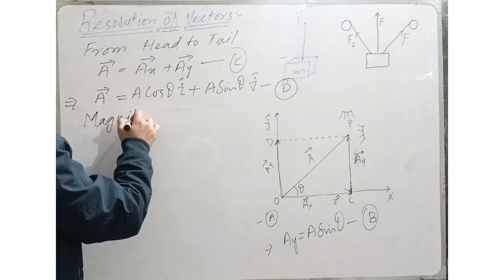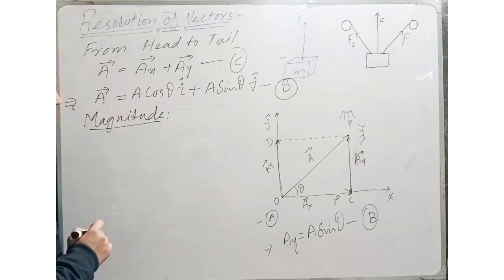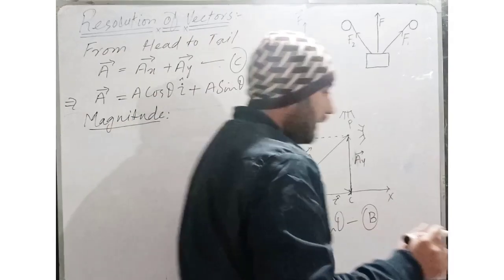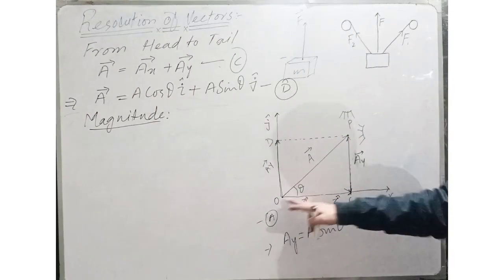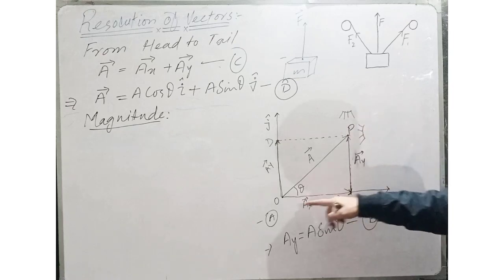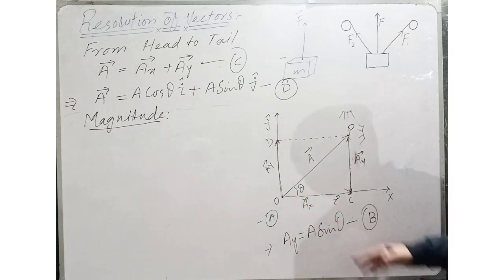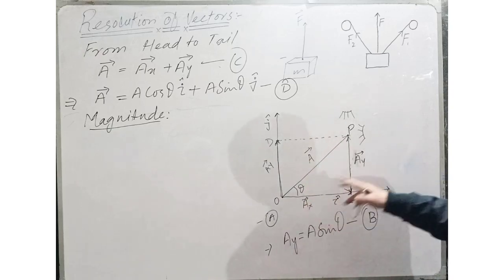In order to find the magnitude of a vector, again we can consider this triangle OCP, right? From this triangle you can see that it is a right angle triangle, so we can apply the Pythagoras theorem, and the Pythagoras theorem relates all these three terms.